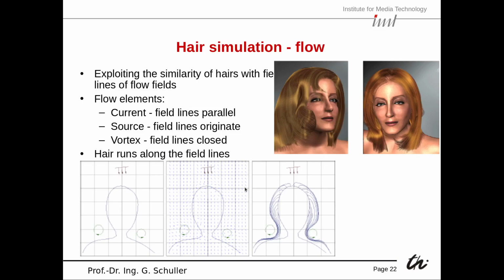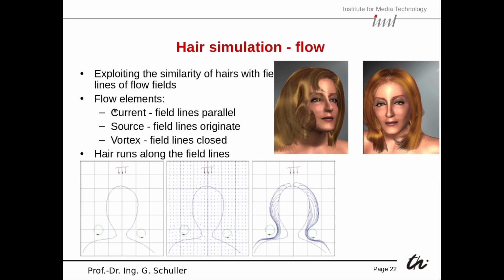Then we can simulate hair as a flow. So here we are exploiting the similarity of hairs with field lines from flow fields. It emanates from the surface, the head, and then behaves like a flow.